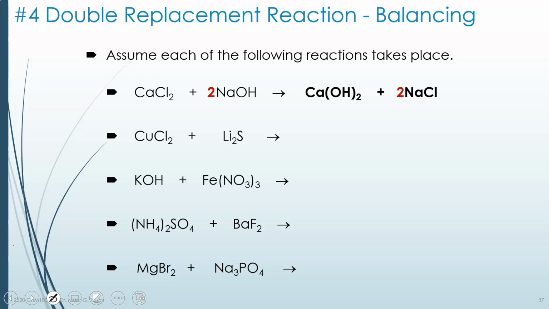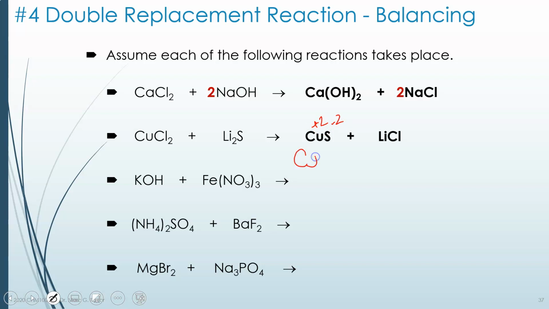The next reaction is copper 2 chloride with lithium sulfide. So the chloride and the sulfide are your anions. They'll swap places. The metals, the copper and the lithium, will swap places, and you end up with copper 2 sulfide. And how do you know it's this formula? Well, the copper was +2. The sulfide is always -2. You crisscross.